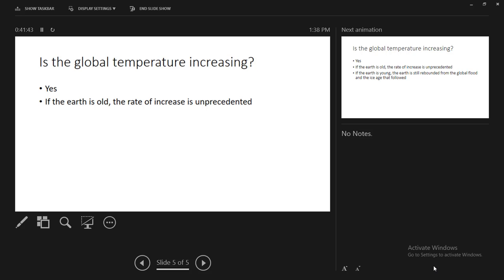This is the only side you usually hear when you hear about greenhouse gases, especially in the political spectrum. But the problem is, I don't think the Earth is old.